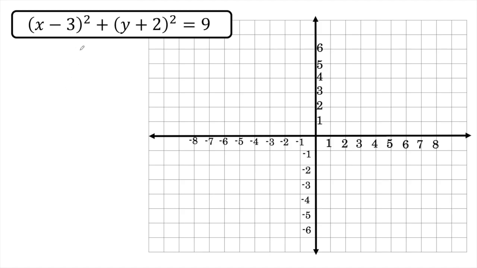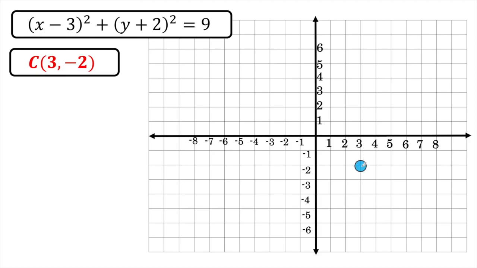So knowing that this is the standard form of equation and we can easily pinpoint what is h, k and the radius, our center will be at 3, -2. So since the x-coordinate is positive and the y-coordinate is negative, we can know that the point is at the 4th quadrant. Plotting this is 3 and this is -2. So here we have the center of the circle.